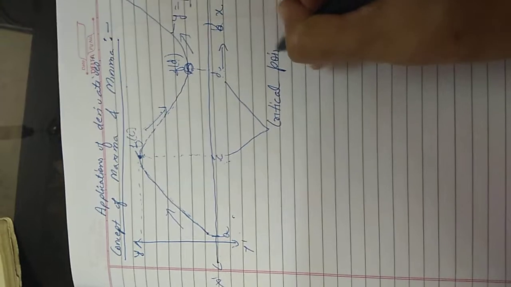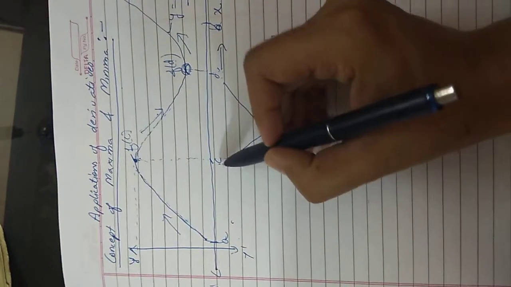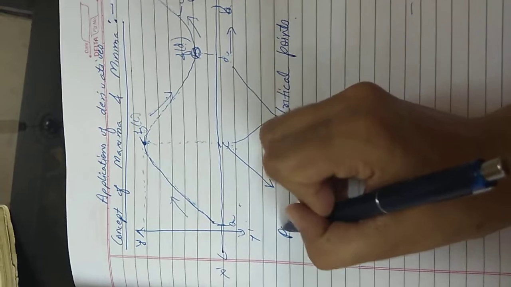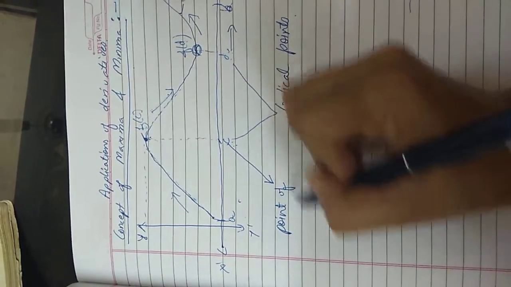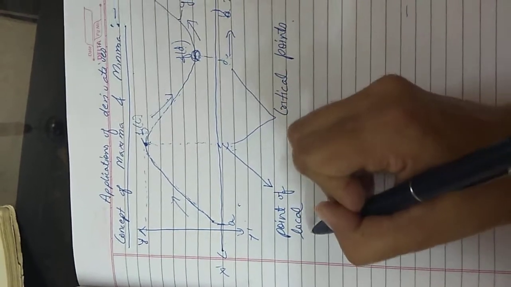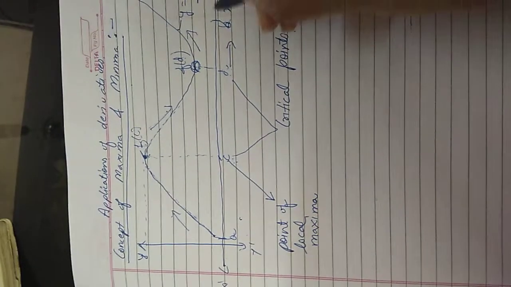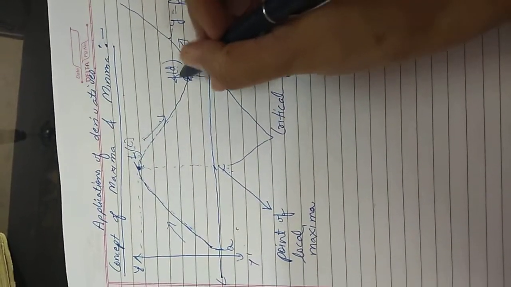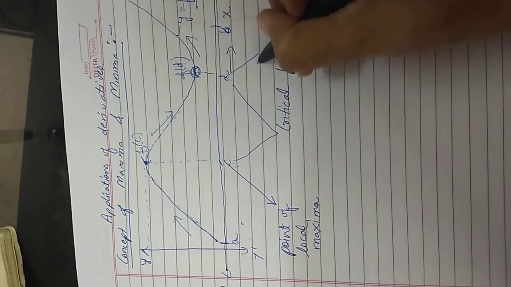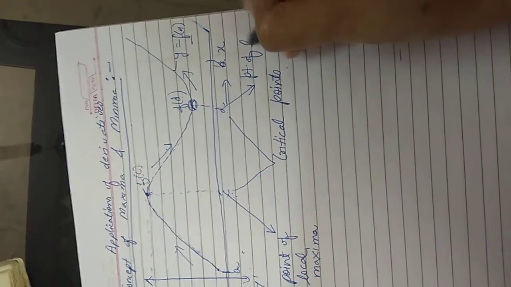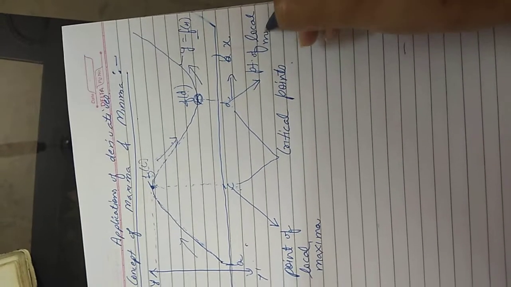These are called critical points in general, and the point C, which is giving us the maximum value, we will call the point of local maxima. And the point D, where we are getting the least value of the function, this point D we will call the point of local minima.